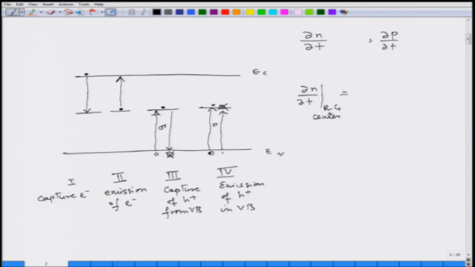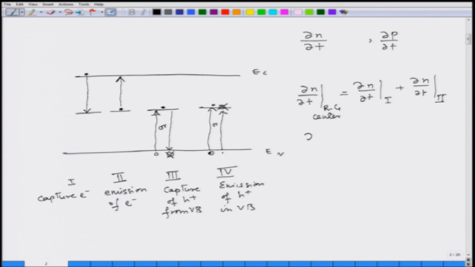The change in the electron concentration is going to be del n del t change due to the capture process, first process, plus change due to the emission process, that is the second process.